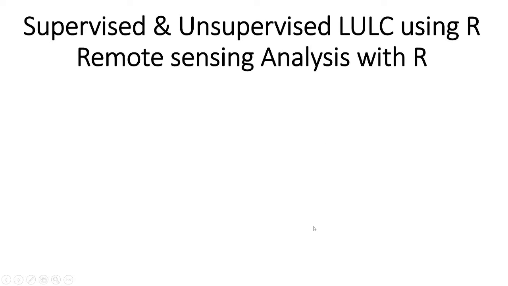So hi and welcome to remote sensing analysis with the R programming language. Today I will discuss how we can easily implement supervised and unsupervised land use land cover classification using RStudio, mainly the R programming language, and also different types of algorithms.